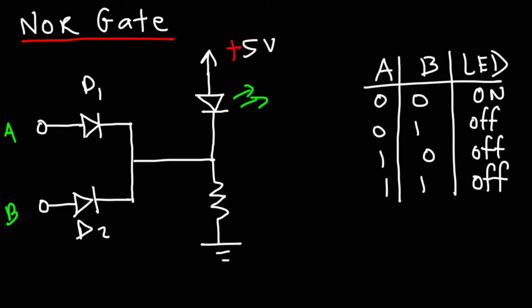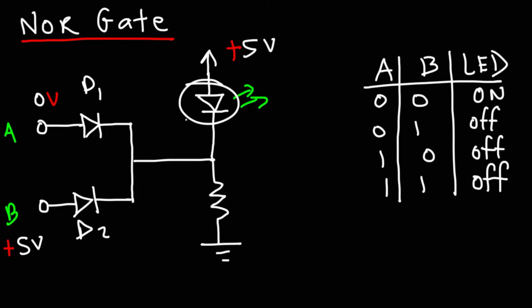So notice that if A or B carries a 1, the LED will be off. So let's use this option where A is set to 0 volts and B is set to positive 5 volts. Let's see why the LED is off.